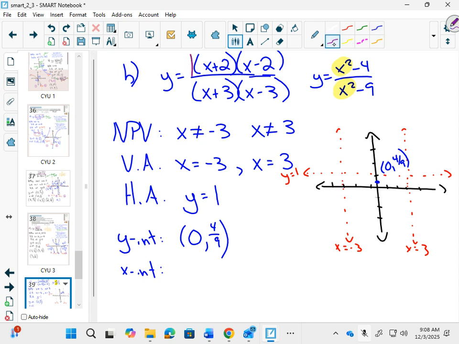If you plug in y equals 0, the only way a fraction is equal to 0 is if your numerator is equal to 0. So your x-intercepts from that factored form are easy to see at (-2, 0) and (2, 0).